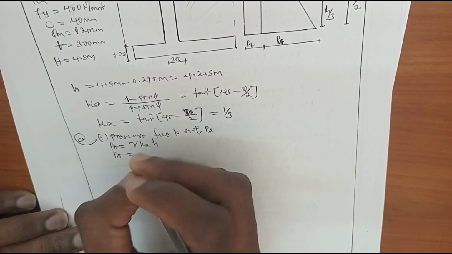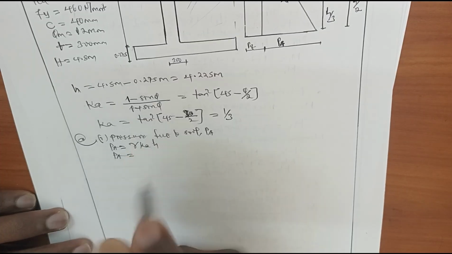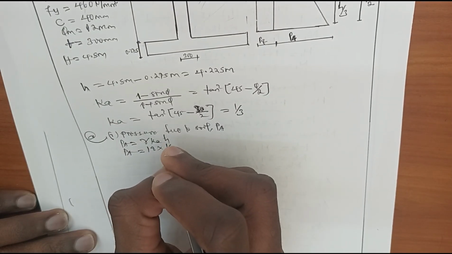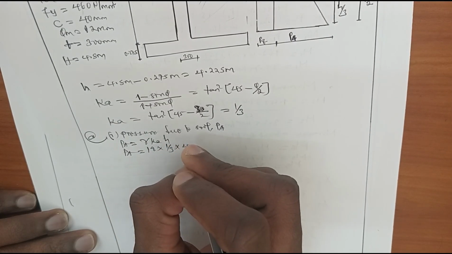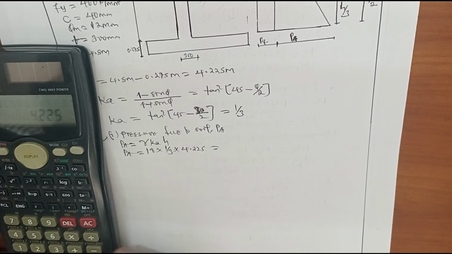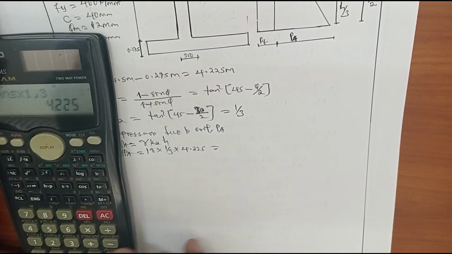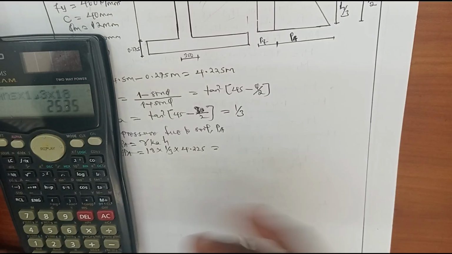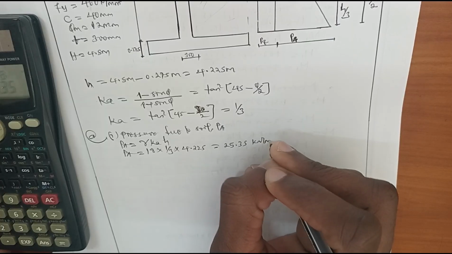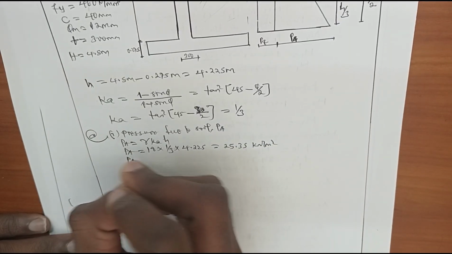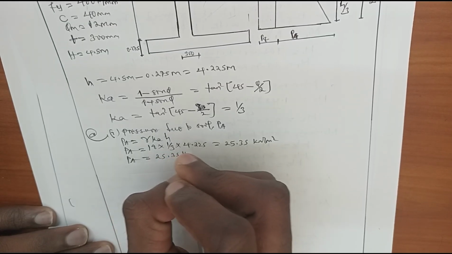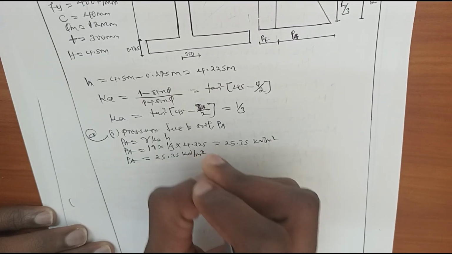When we compute this, it will be equal to the unit weight of soil, 18 kilonewton, times 1 over 3 times h, which is 4.225. It will be equal to 25.35 kilonewton per meter square. This is the active pressure due to the soil.